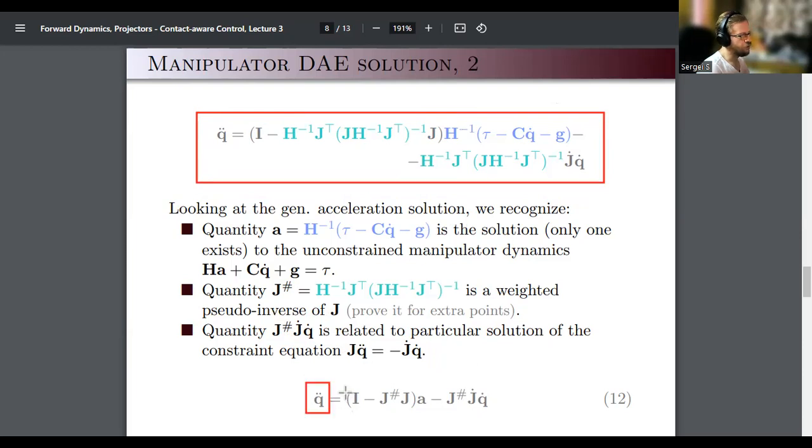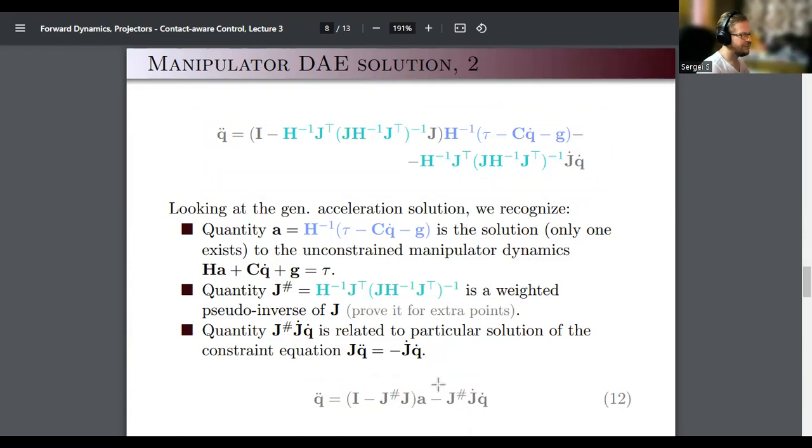We can say q double dot is equal to (I minus J pseudo-inverse J) times A plus J pseudo-inverse times this guy. So notice what it looks like is exactly what we saw previously. Here is a particular solution. We recognize it by the pseudo-inverse, but it is a particular solution to the constraint equation. And there's a weight, right? It's a weighted pseudo-inverse, not a pseudo-inverse.